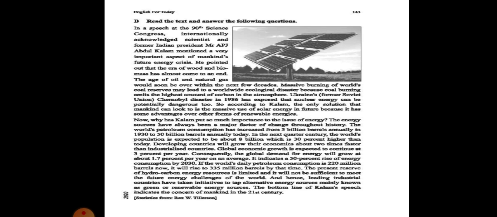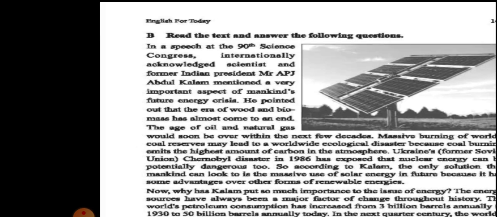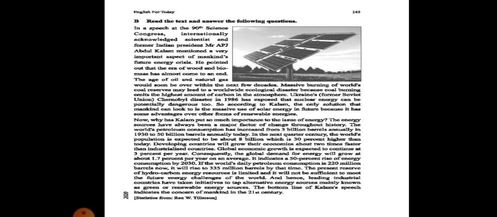It's renewable energy. Now come to the point that the text is going to talk about, and now we are going to read the text very carefully. You have lots of new words, and I have already mentioned the new words. That is, in a speech at the 19th Science Congress, internationally recognized.